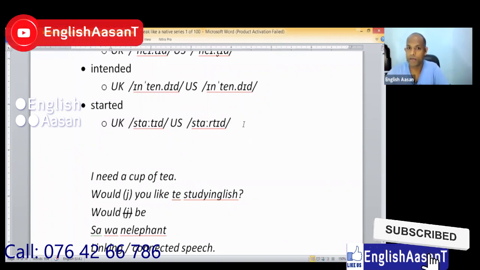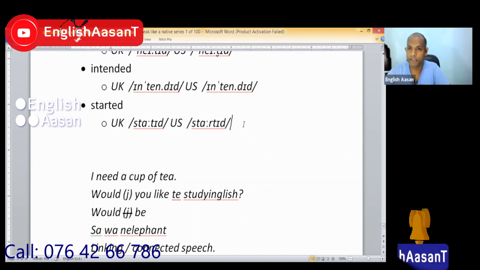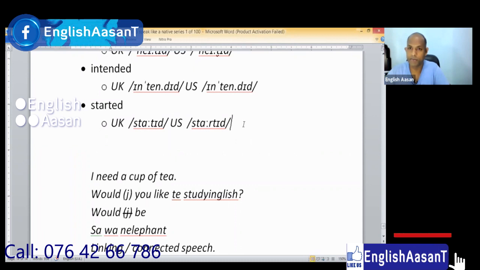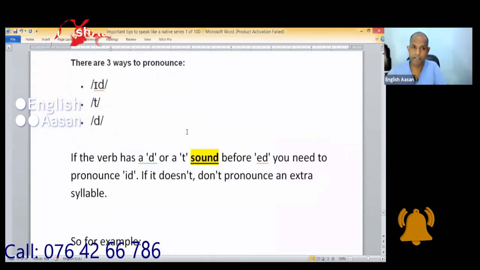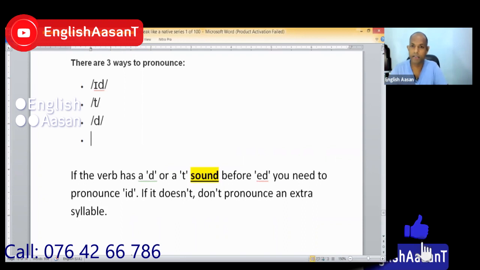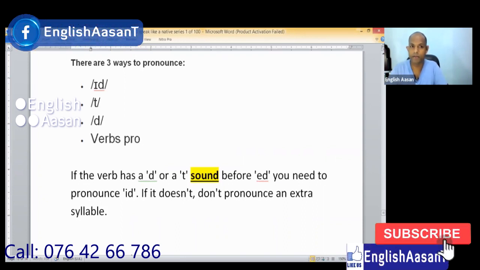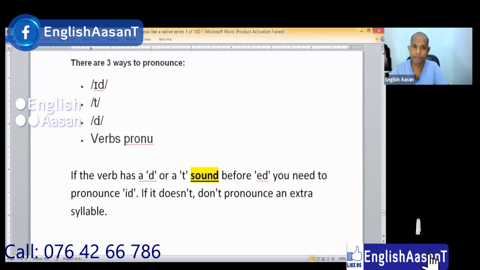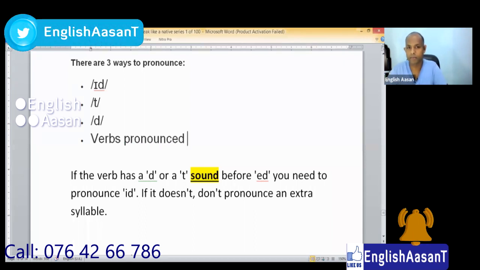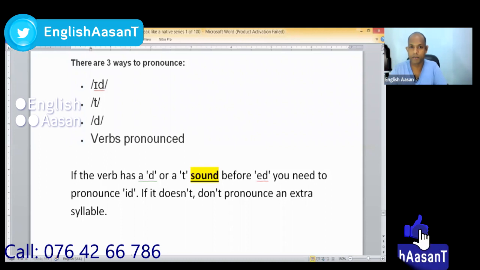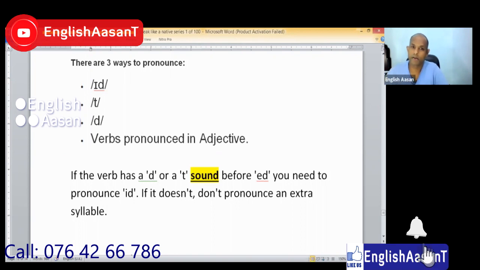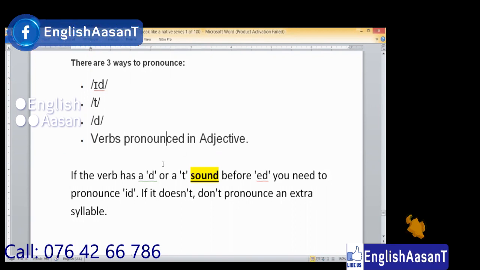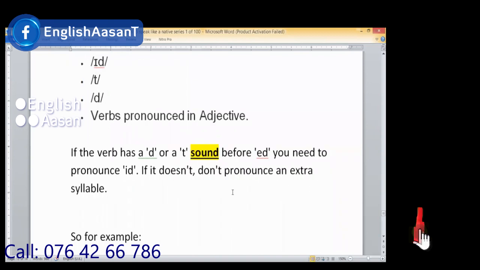When you use verbs as adjectives, that naturally gets the id sound afterwards. This also we'll look at in our coming lessons. Great. Are there any questions, please?